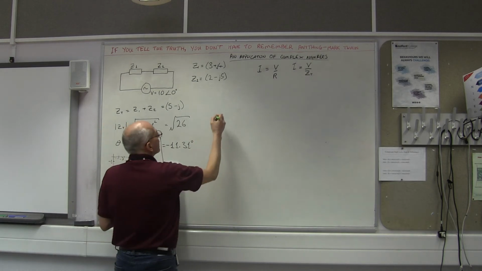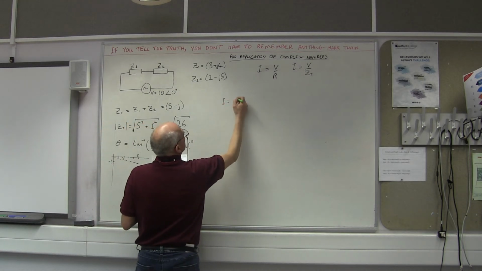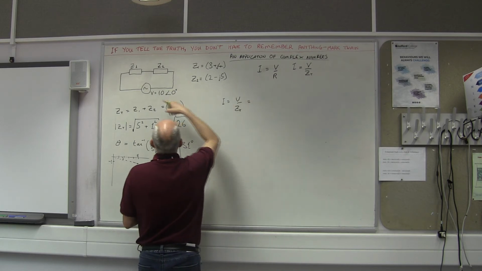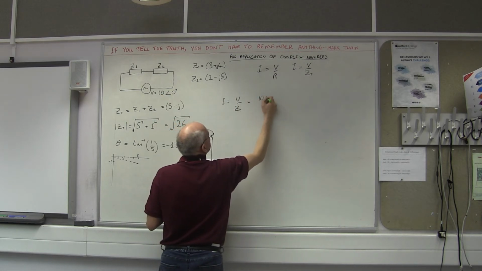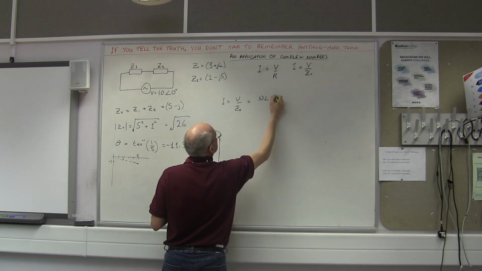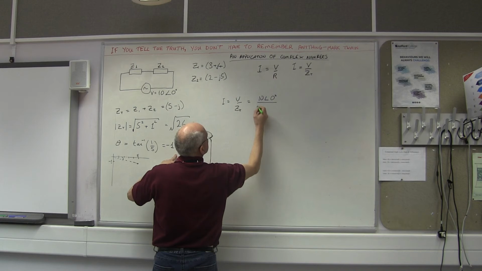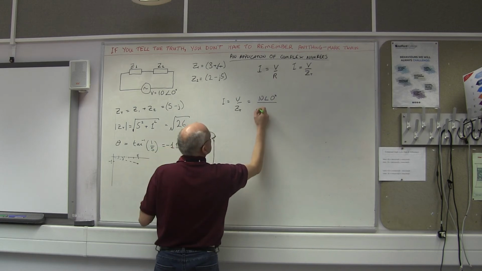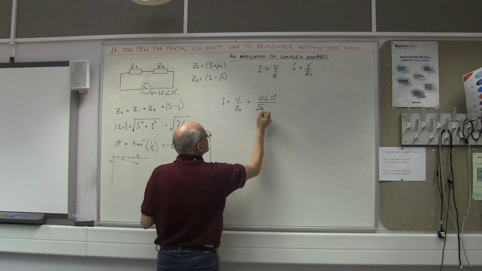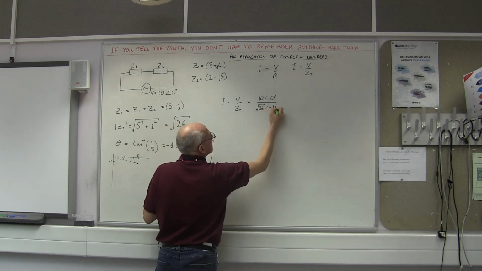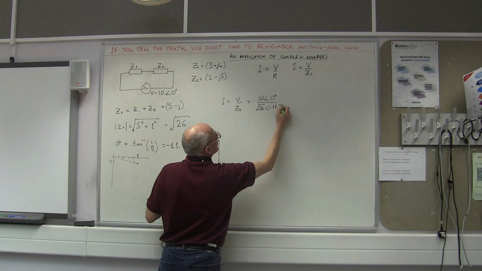And now to find the current equals V over Z total, which is this 10 at an angle of 0 divided by this, where the modulus is the square root of 26 and the angle is minus 11.31.